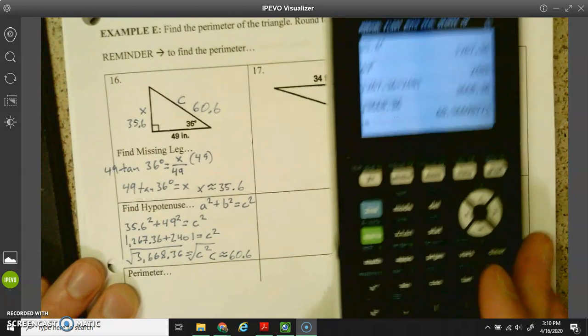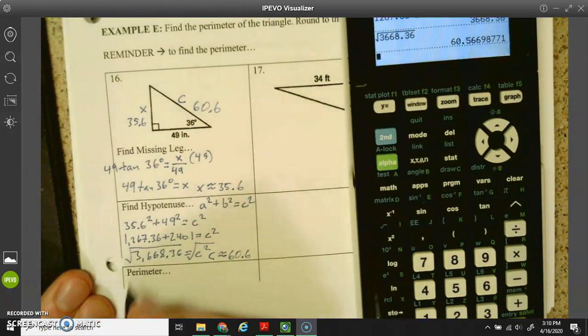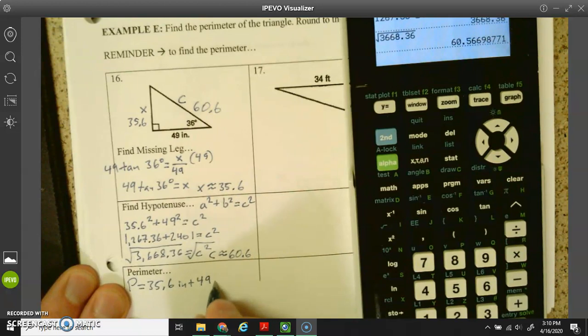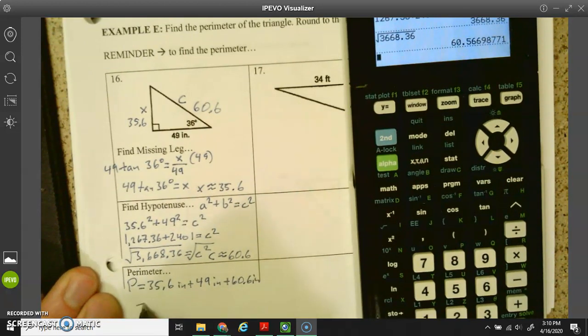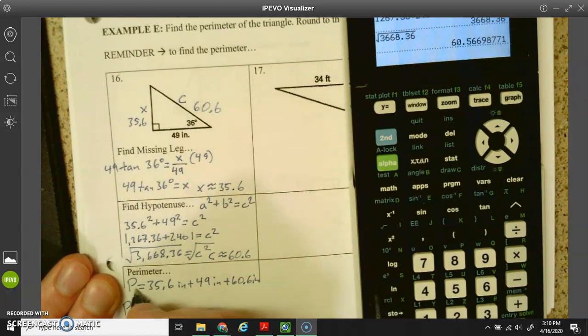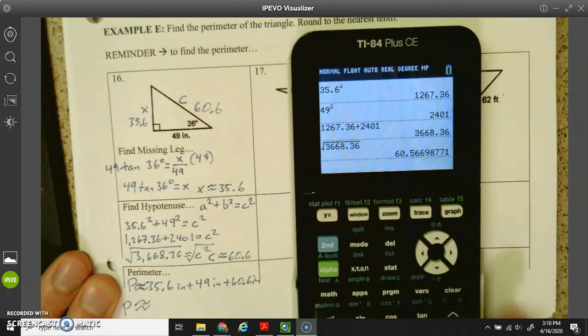So if I add all of these values up for the perimeter, remember the perimeter, you add up all the sides. So perimeter is going to be equal to the 35.6 inches plus 49 inches plus 60.6 inches. We rounded, so I need to use approximately equal to symbols here.